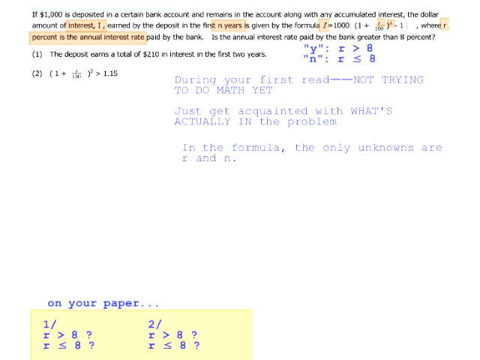Okay, so statement 1. So here's your formula. In statement 1, they do tell you it's 2 years. So this is 2, and this is 210. What does that mean?